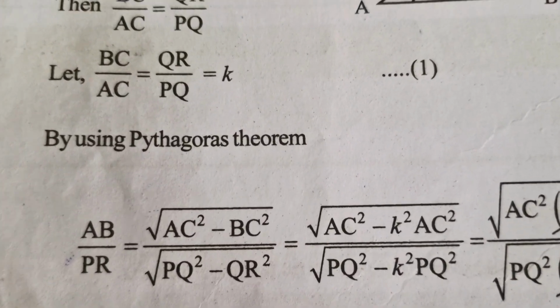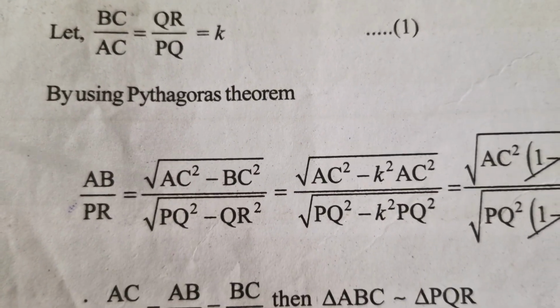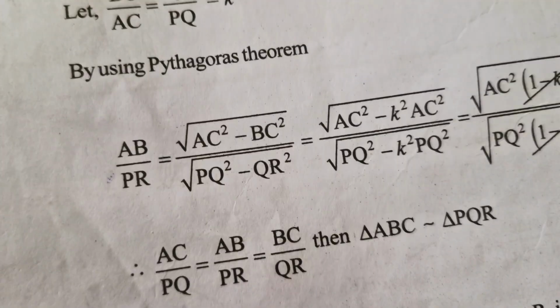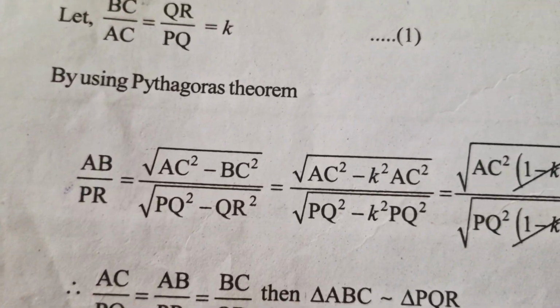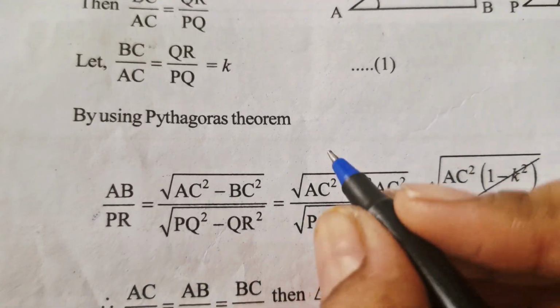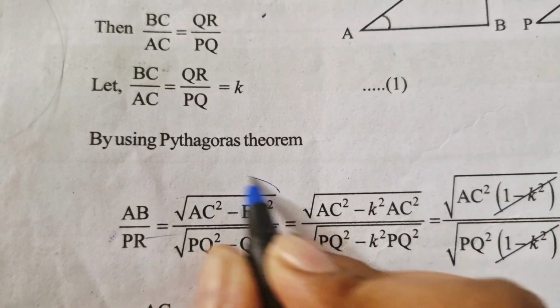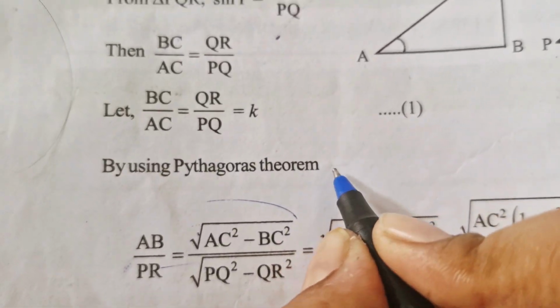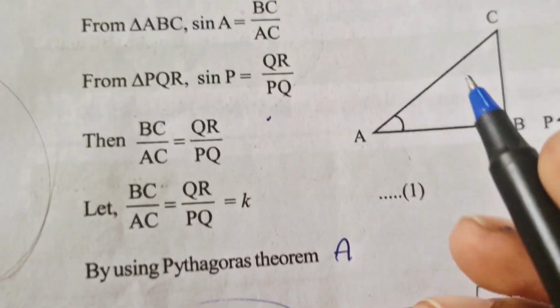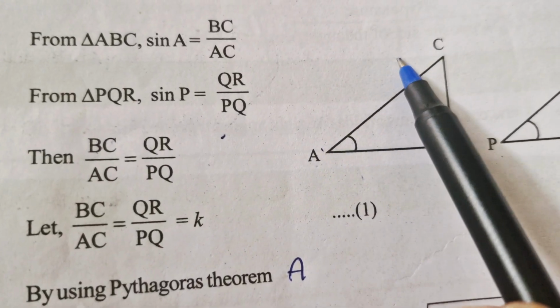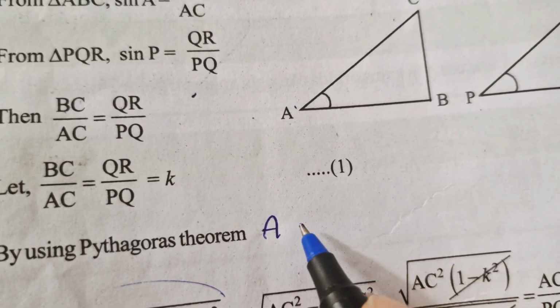Here I am using the Pythagoras theorem. Let me write it so that you won't get confused. AC is the longest side, so AC is the hypotenuse.